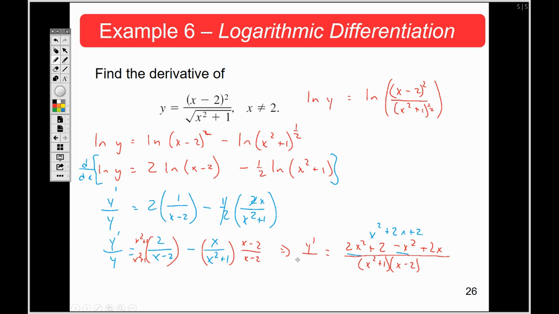So I have x minus 2 squared over x squared plus 1 to the 1/2. And when I divide by a fraction, I'm going to flip it over and multiply by the reciprocal.